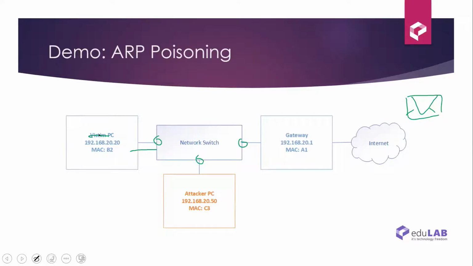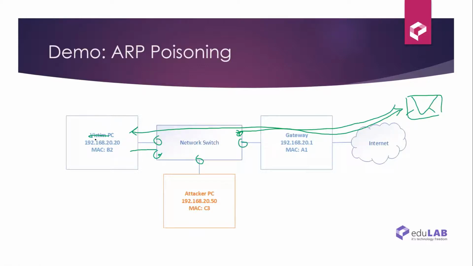The switch is going to figure out it's intended for the gateway, so the packet is going to appear on the other side, go through the gateway to the internet to the mail server, and then from there the packet is going to travel all the way back to the first PC. This is a normal operation of how network traffic flows.